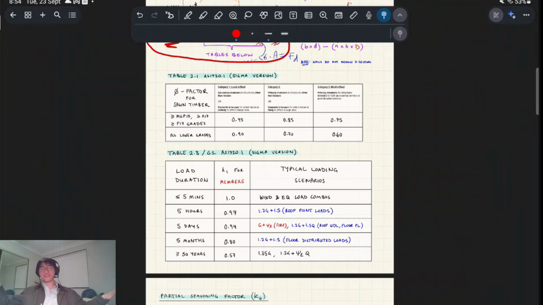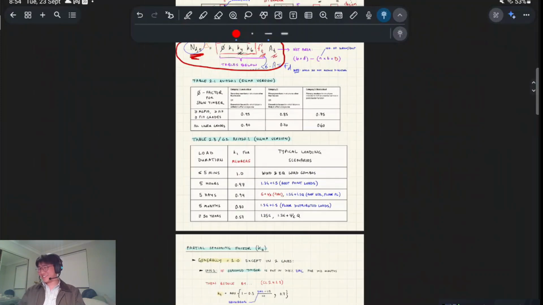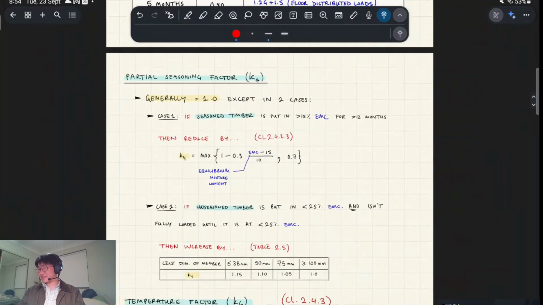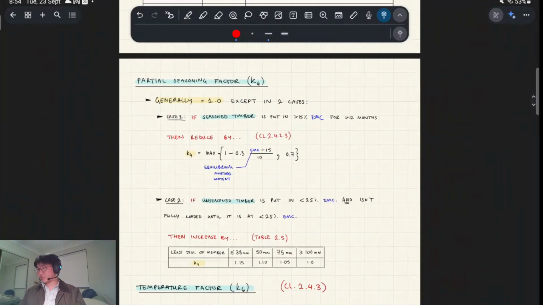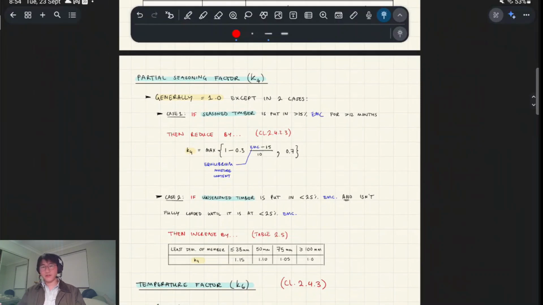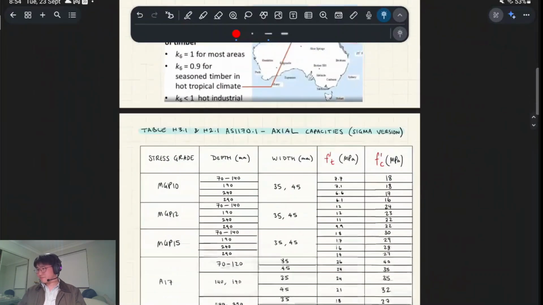But when you're doing finals, it's so annoying to flick through all the pages just to find the one unique set of notes for the table you're looking for. So if you have it everywhere, it's more handy when you're doing the questions, because you'll know, okay, I'm just doing a compression member, let's go to my compression notes, and everything's right there for you. So that's how I've decided to organize it. Same thing goes here for the partial seasoning factor, which we've talked about, and the temperature factor. It's all here.